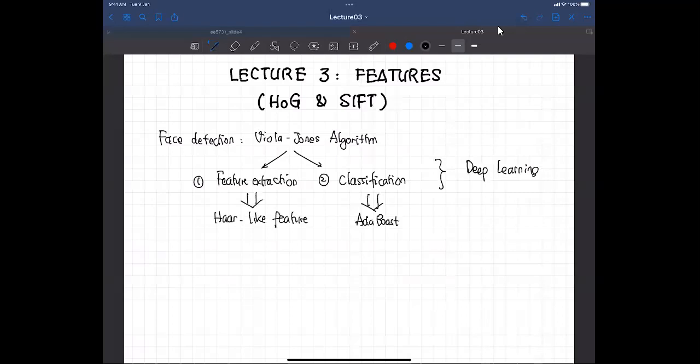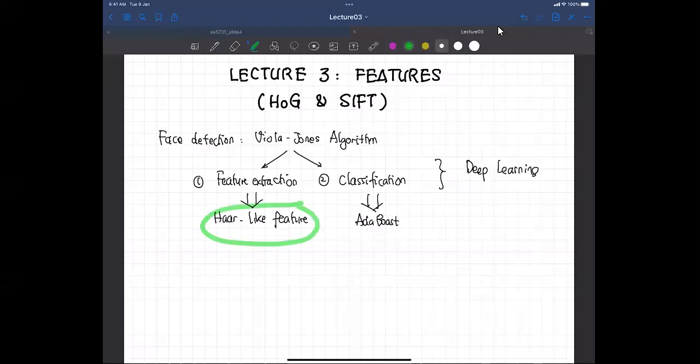One of the main reasons is because of these features. We thought about these Haar-like features in the first place. So now, why are these Haar-like features important?